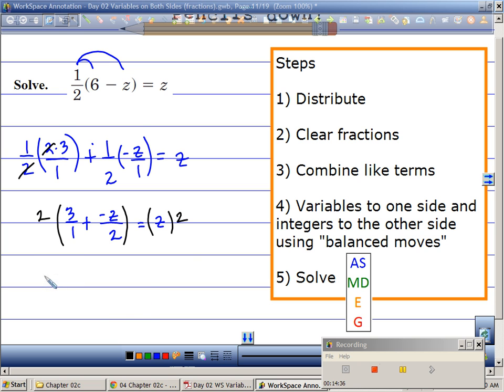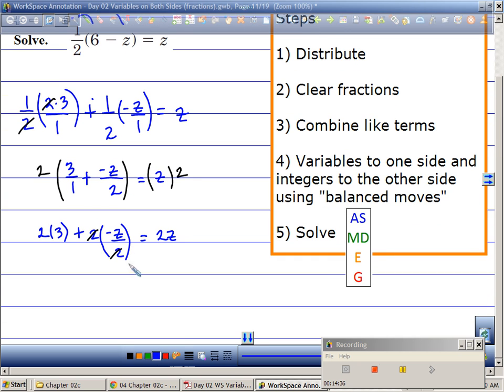When I do that, I get 2 times 3 plus 2 times negative z over 2 equals 2 times z, which is 2z. That gets rid of those 2's. Still okay, Levi? Yes.